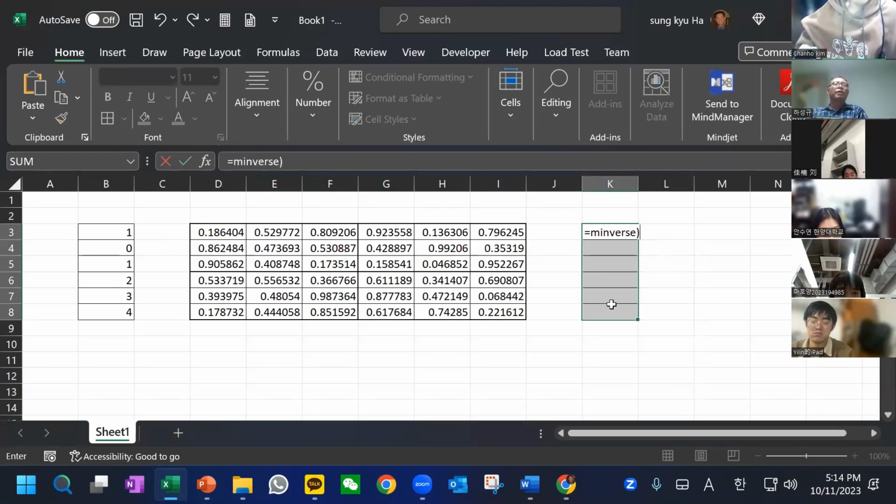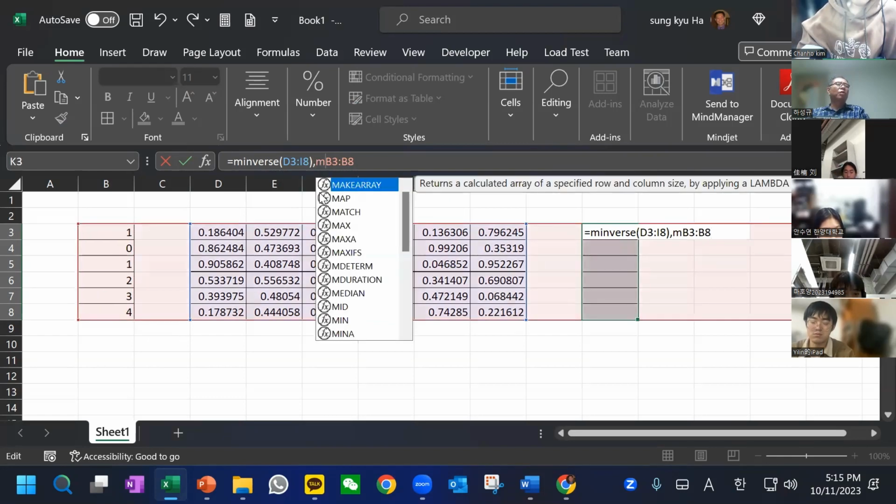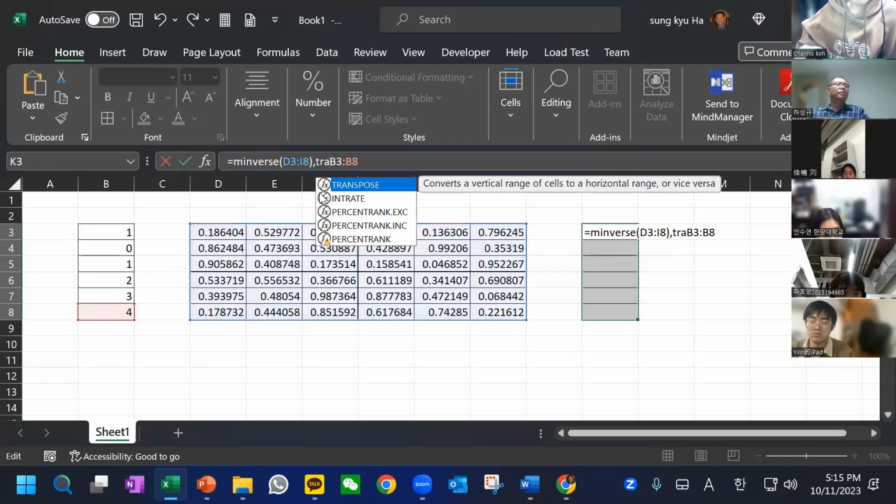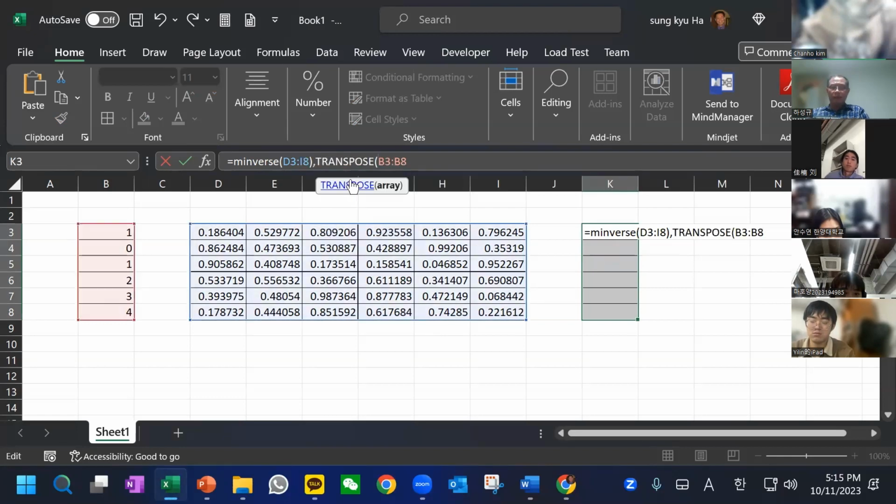This will be simply a matrix inverse. How do we calculate this one? Matrix inverse, we have to invert this matrix, right? And then we have to multiply this. Well, don't worry, we don't know much about these things yet, we will learn as well.